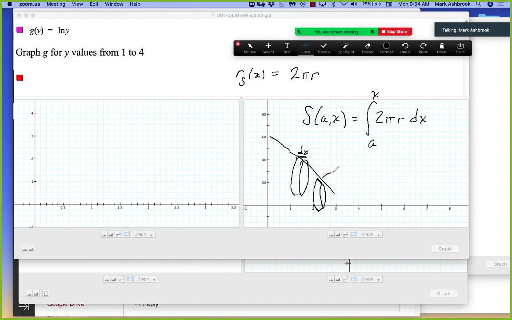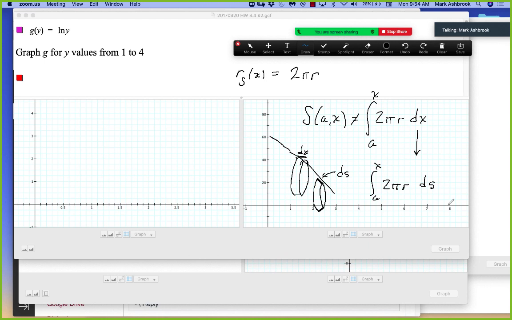We needed 2 pi r, the circumference, generating surface area, but along a slanted edge. And that was our ds from when we did arc length. So instead of dx, we want ds. So really what we want is 2 pi r ds.